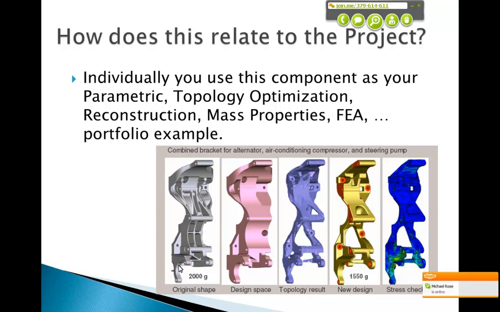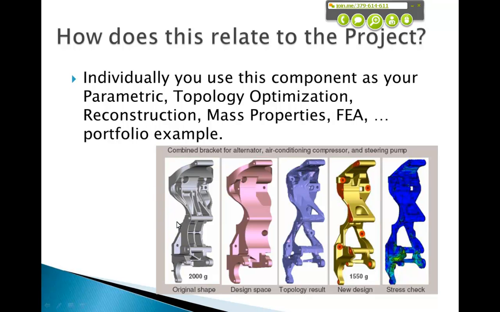So at the end of this, what each of you should have is illustrated by this figure. You're not going to have the original part unless you model the original part from the components that you chose.